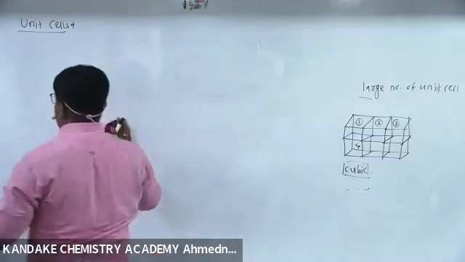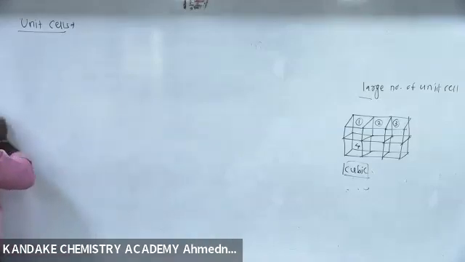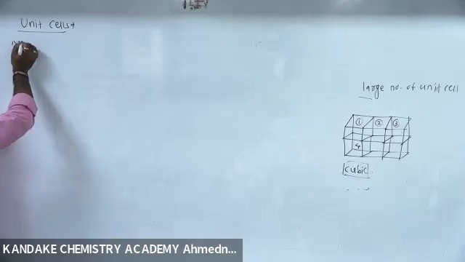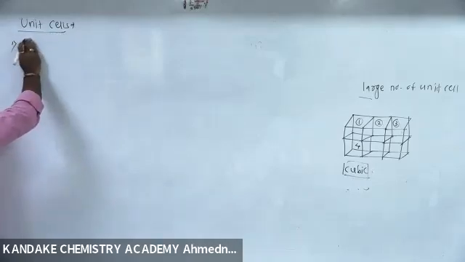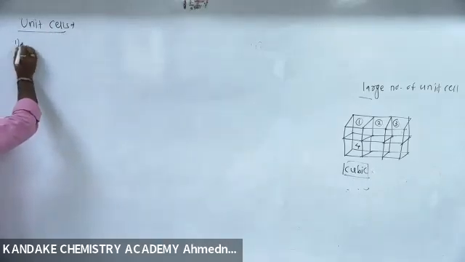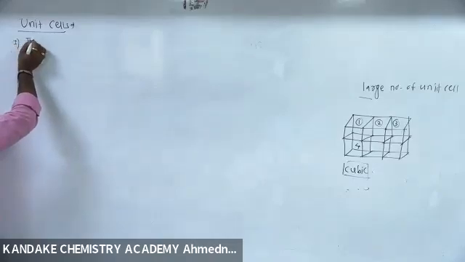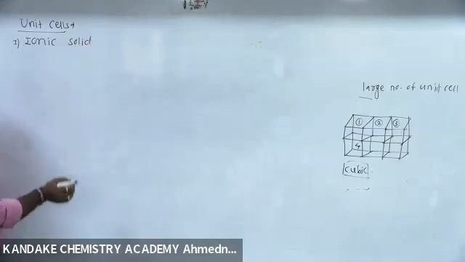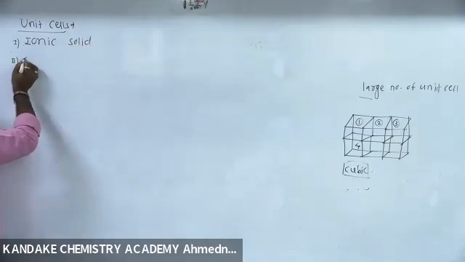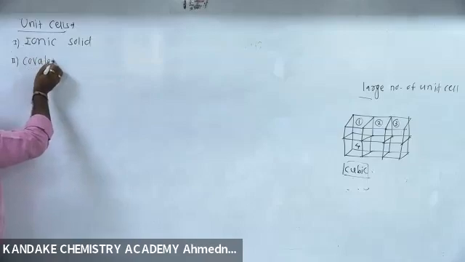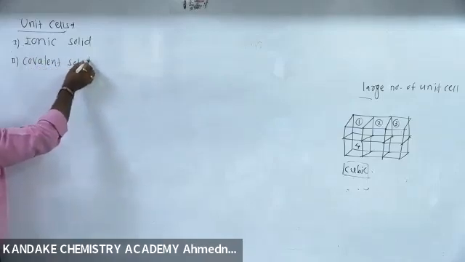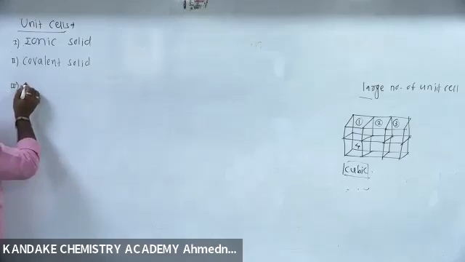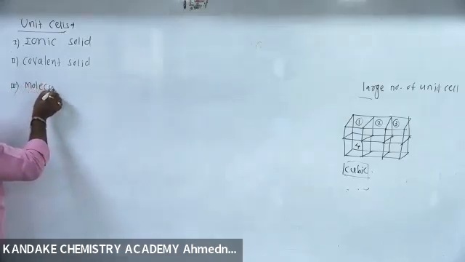Which are those 4 types of crystalline solid? काल तुम्हाला 4 types सांगितले. One is the ionic solid. Second is the covalent solid. Third is the molecular solid.